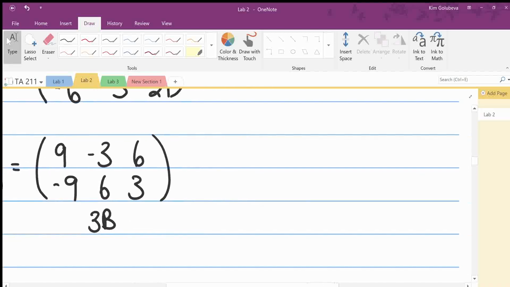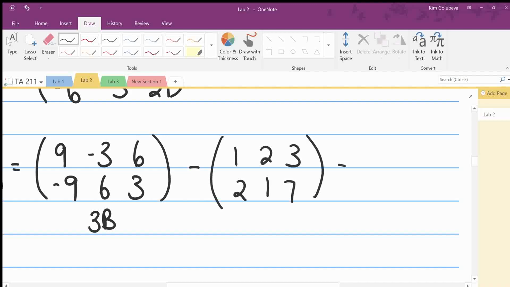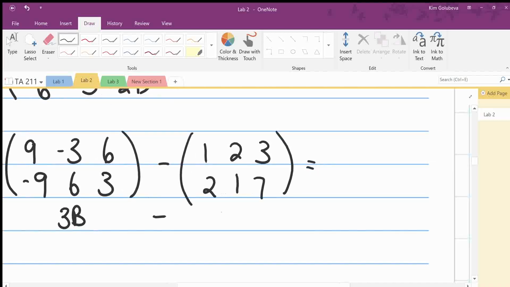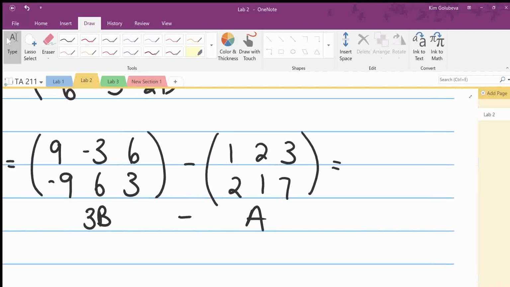And of course the question is asking minus A. So I'm going to write out A, which is 1, 2, 3, 2, 1, 7. When we're subtracting matrices, we take the entry in 1, 1 here, and subtract the entry in 1, 1 in the other matrix.